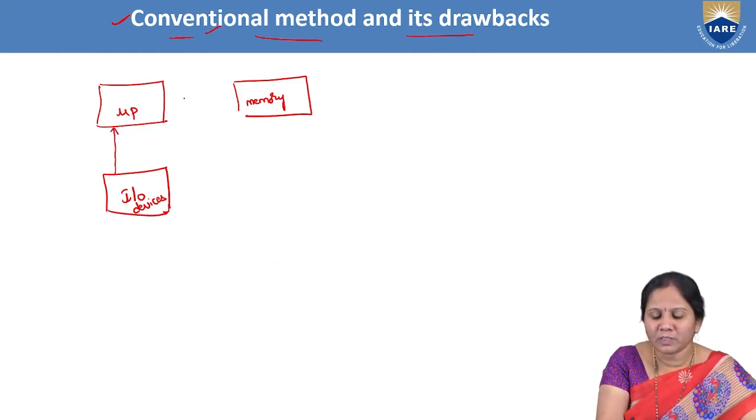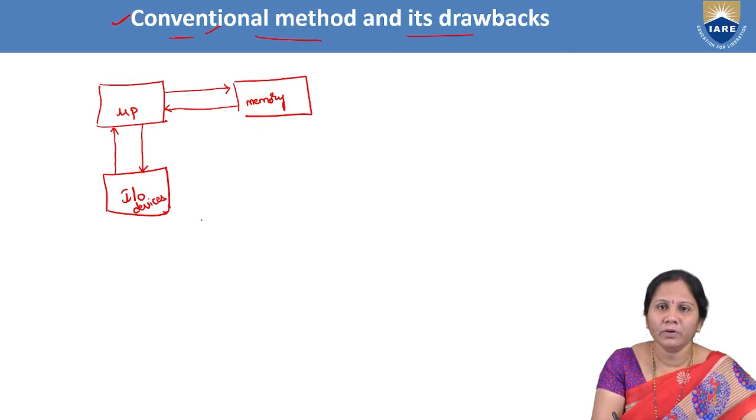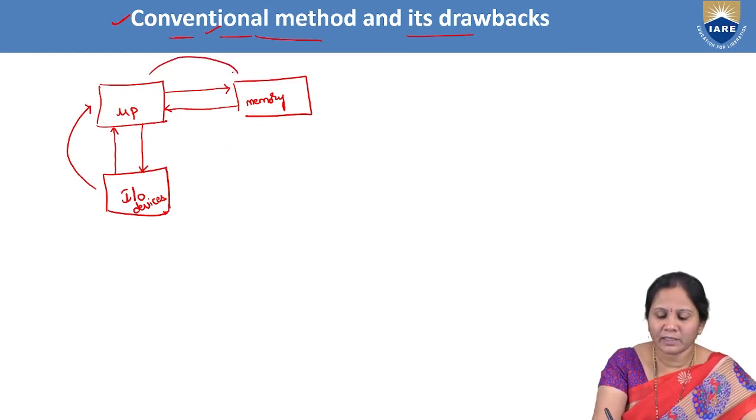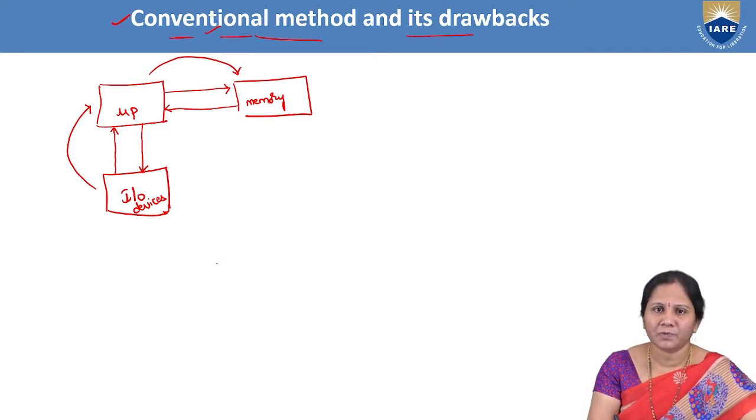Then the microprocessor will send a signal to the memory. Then memory will be accessed by the microprocessor and that microprocessor will send the information to the IO devices. So this is the conventional method of data transfer. That means first here the IO device has to send the data to the microprocessor. Then the microprocessor will send the information to the memory. Then only the data will be transferred. This is the case in the conventional method.